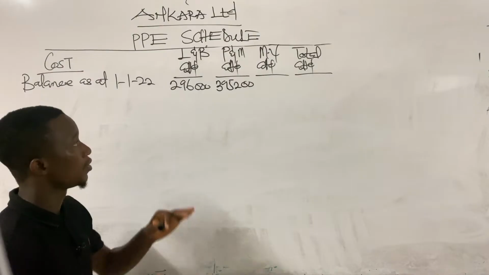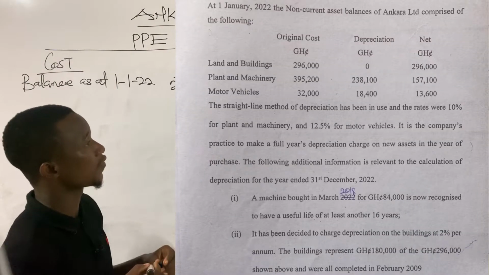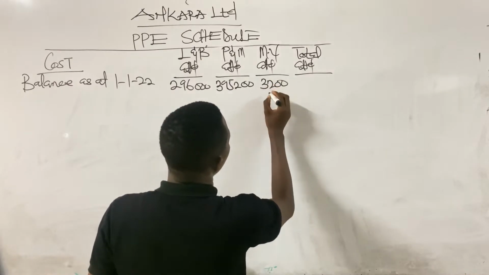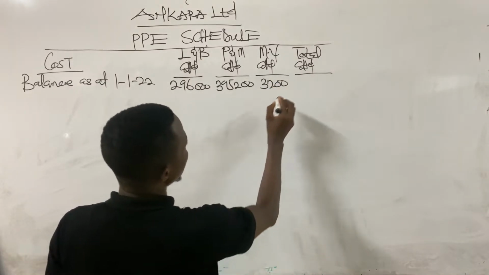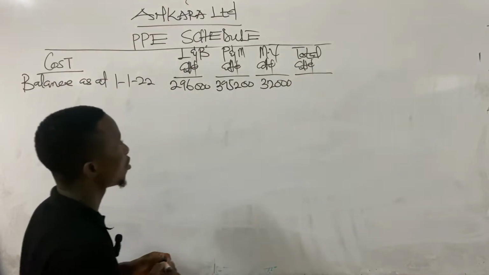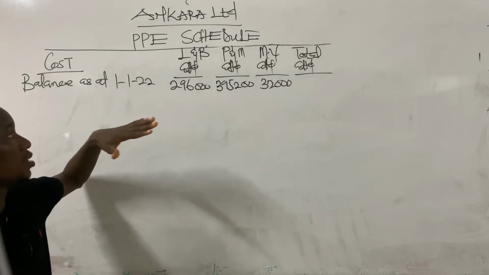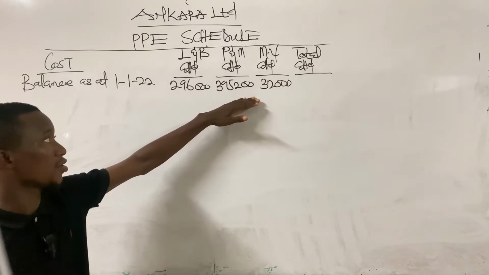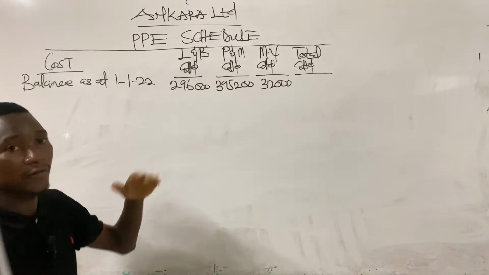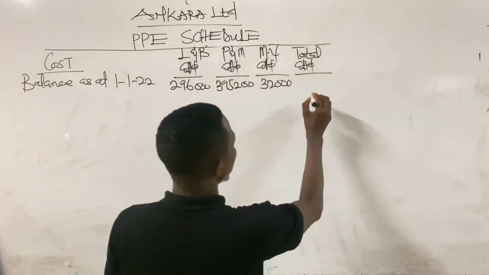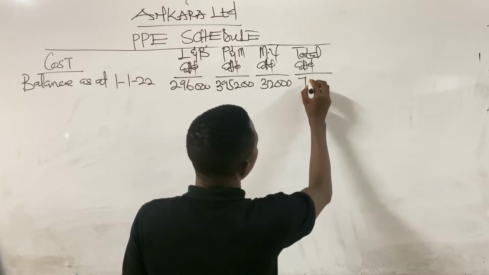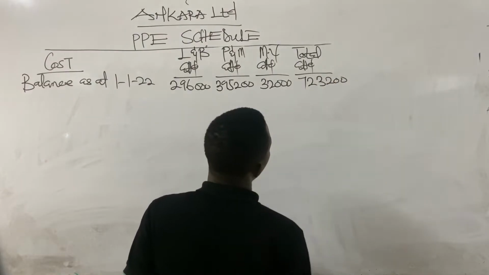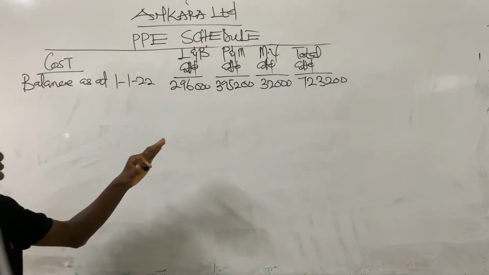From the same question, we have motor vehicles of an amount of 32,000. So these become the opening balances of these three assets from the question. Then we add them to arrive at 723,200 being the total. Is that okay?